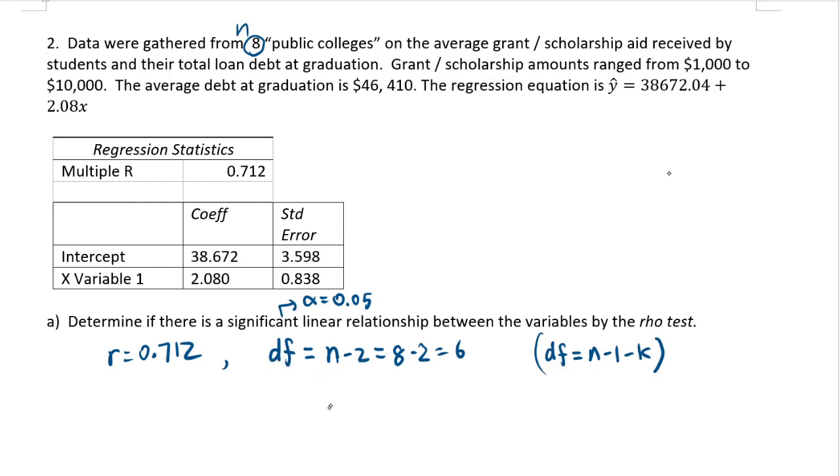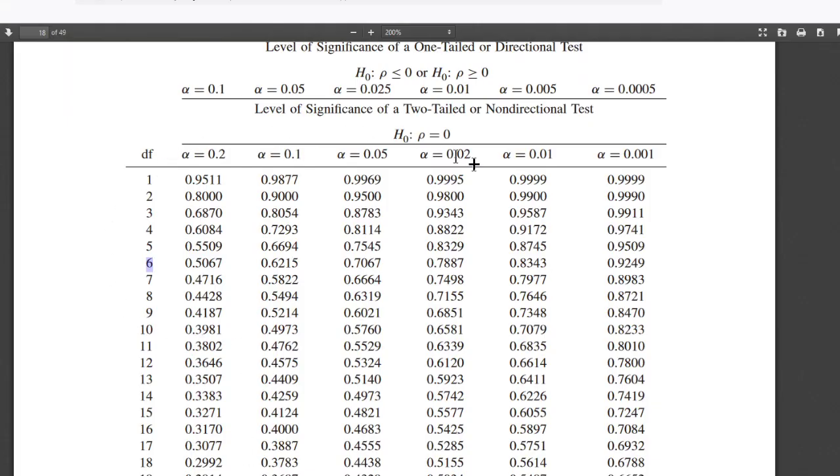All right, so once you have these values, you need the r table, which will be given to you if you're taking an exam. If you're doing homework on this, you'll need the r table, and it's something like this.